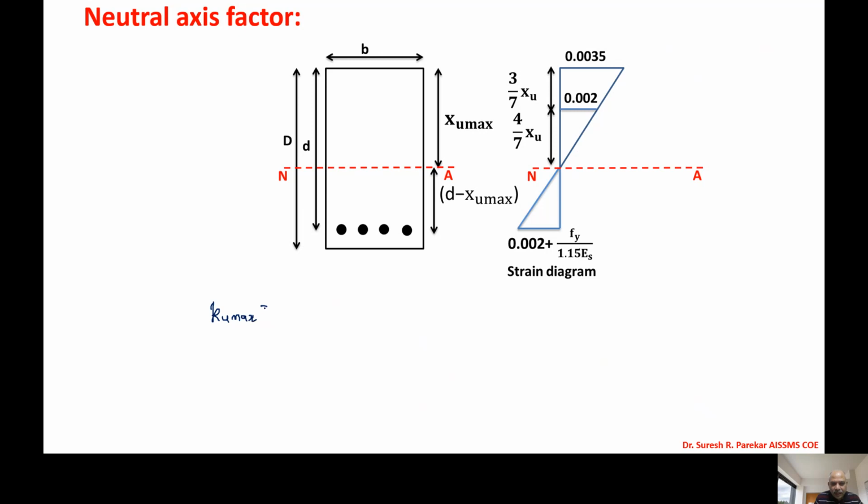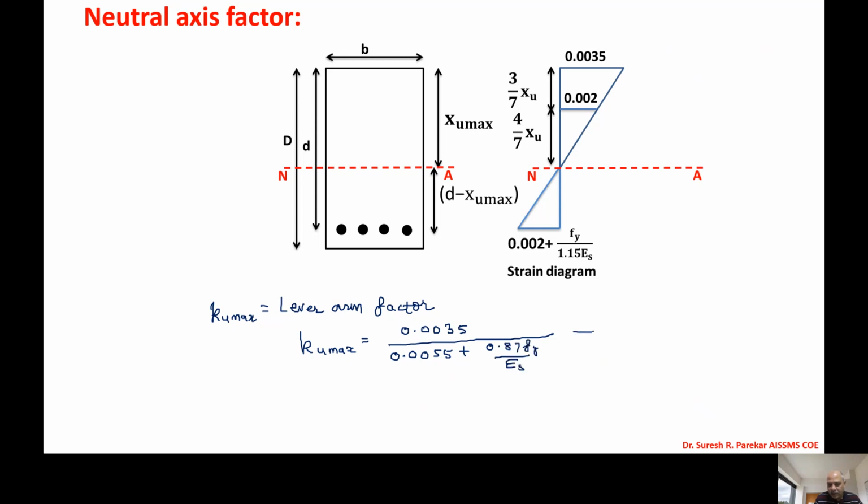So now from this, neutral axis factor, this is Ku max, which we have calculated in last lecture. And we have two ways: this is 0.0035 divided by 0.0055 plus 0.87 fy upon Es.